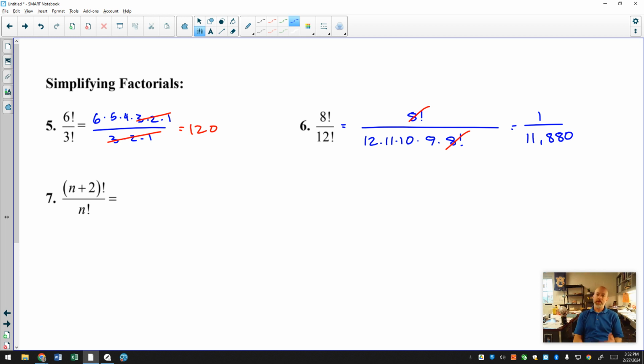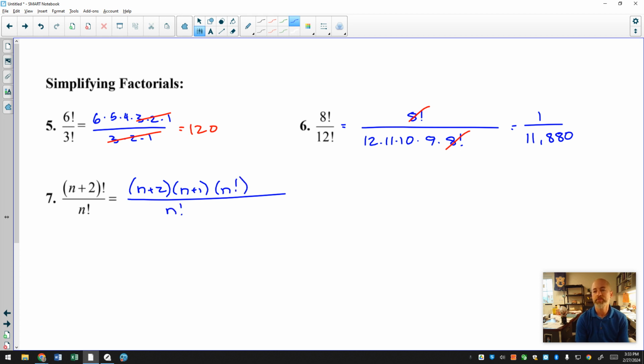In calculus, we will be simplifying factorials where we have n's, not actual numbers. To do this, the numerator is larger than the denominator, so that's the one I'm going to expand out, just like I expanded the 12 factorial until I got to the 8 factorial to match the denominator. So I'm going to expand this one: n plus 2 factorial would be n plus 2 times the number just before that, which is n plus 1, times the number just before that, which is n, times every number before n, which makes that n factorial.